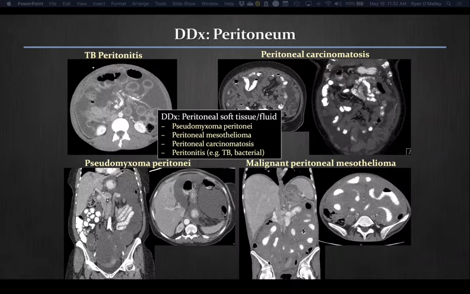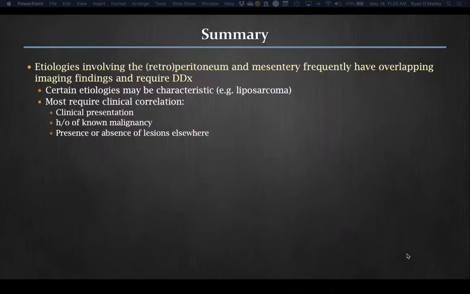All of these, similar to the mesentery section, have overlapping imaging findings, so you really need some history or some of the imaging clues to help narrow the differential or reorder your differential. So to summarize this talk, the etiologies or entities that involve the peritoneum, retroperitoneum, and mesentery often have overlapping imaging findings and may have a very nonspecific appearance.